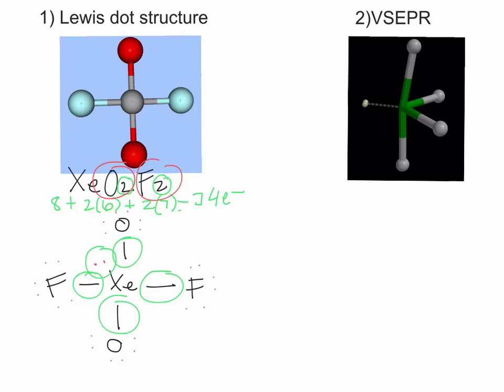In this case, when there are 5, it is considered trigonal bipyramidal, which has a generic shape like this, where these round dots indicate the atoms. However, because we have a lone pair, it will be drawn differently, and it's considered a seesaw.